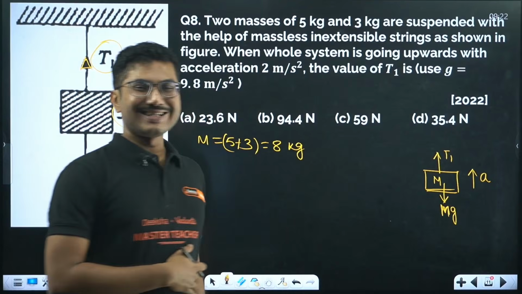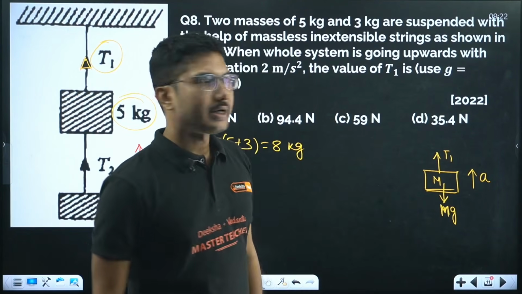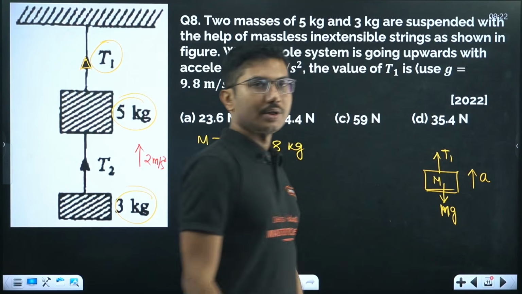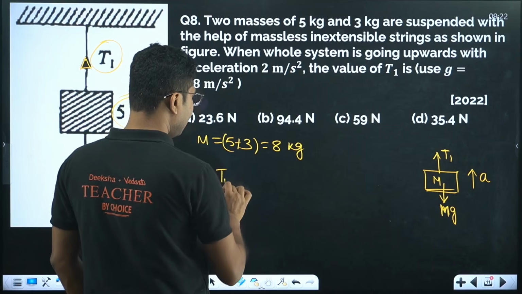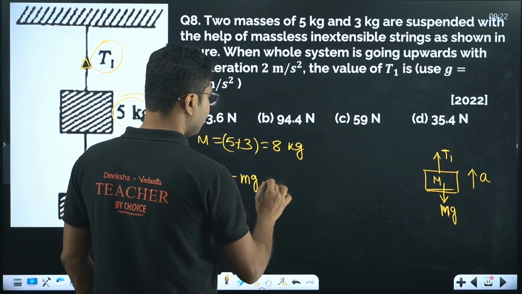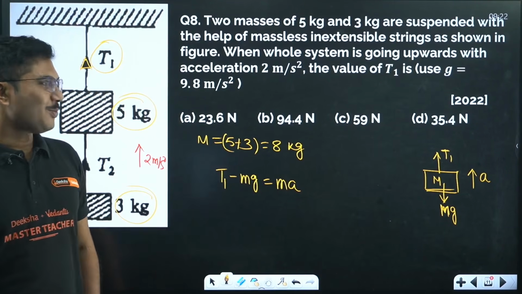Now what is the direction of acceleration? Acceleration is upward. That means T1 is rich, mg is poor. That means rich minus poor equals ma.